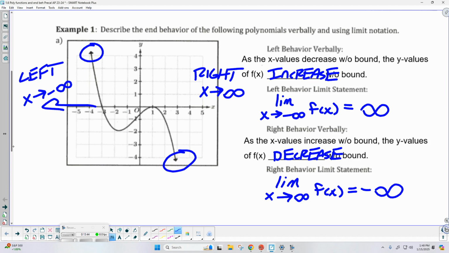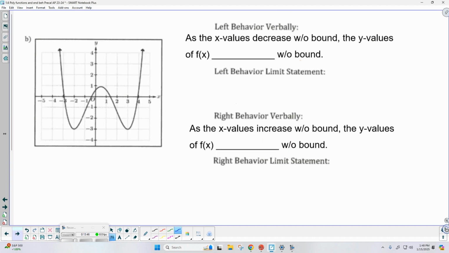Okay. Well, let's go ahead and try another one. Okay, B. Got myself another polynomial here. We want to do the exact same thing. So we're going to state on the left side, okay, so again, here's the left, here's the right. As the x values decrease without bound, as x approaches negative infinity, the y values of f blank.